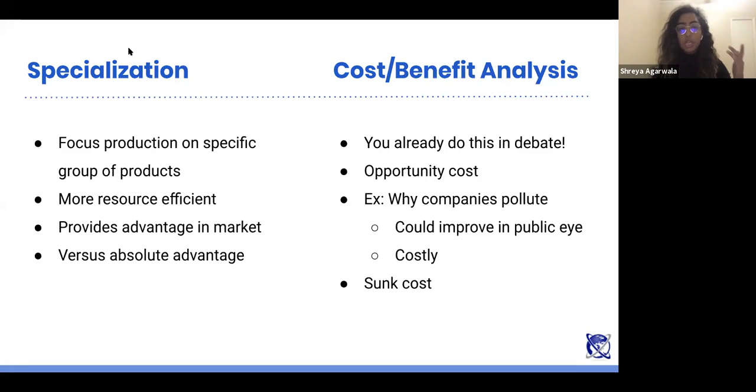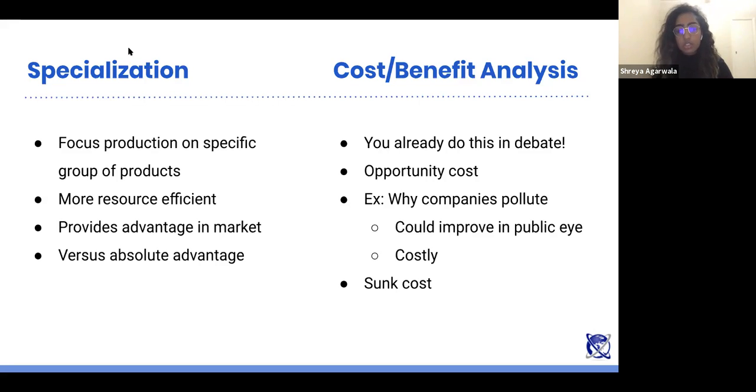However, it would be extremely costly to switch to clean energy, for example, because it'll cost them building solar panels or creating wind energy, etc. That is their opportunity cost, the amount of money they make. So opportunity cost, to be fair, doesn't necessarily always have to be money based. It can be not being able to gain access to improving your reputation in the public eye. It's called cost, but that doesn't mean it's always related to money specifically.